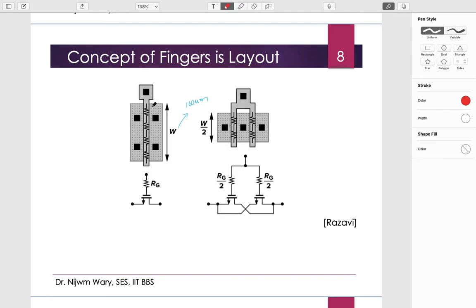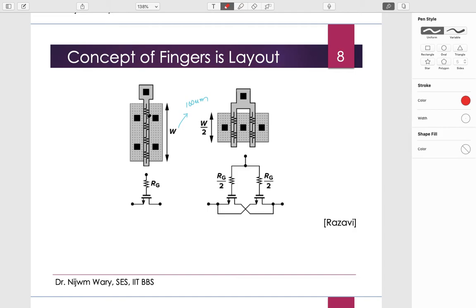It becomes especially critical when you are designing very high speed digital circuits, and wherever the width of this transistor is very large, then this kind of parasitic comes into the picture. Even for analog design this is very critical, especially for very big transistors.